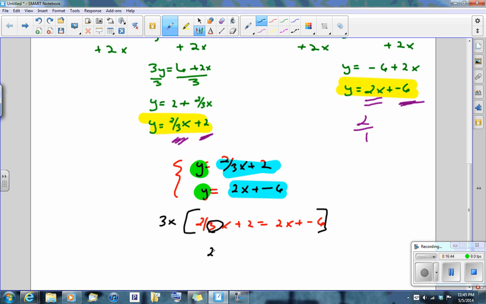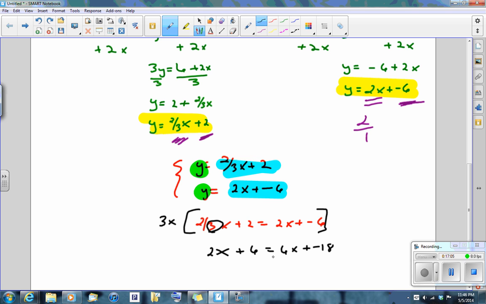And of course we have the x is still there. So that takes care of the fraction for us. And that's true for any situation where you have a fraction. If you multiply by the denominator, you will end up with the numerator. So we got 2x, and everything else also needs to be multiplied by 3. So that's 6x, and this is negative 18.